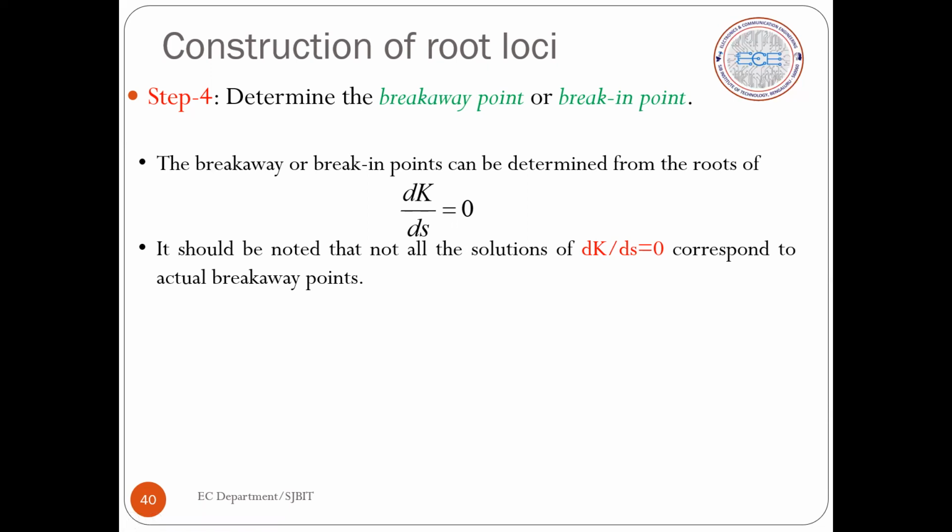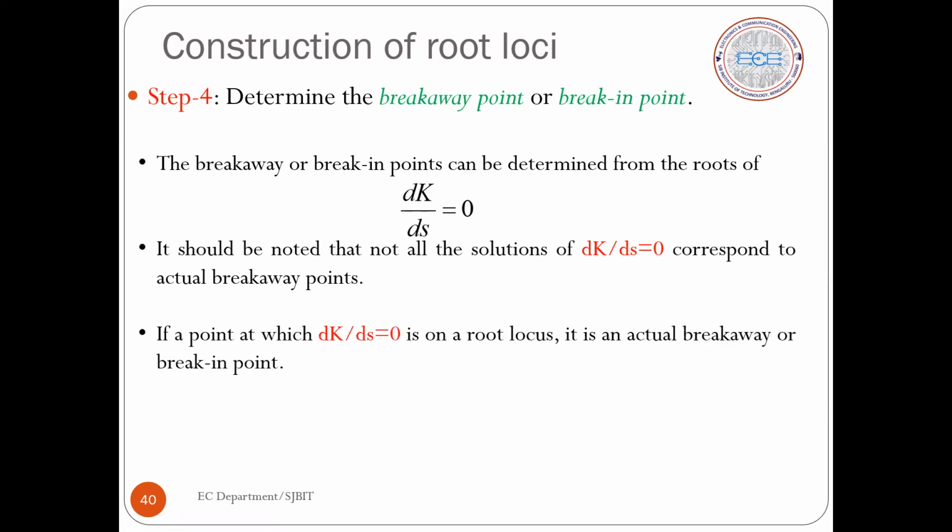You can apply the angle condition, very simple. Or if a root locus already exists in that section, then it is a valid breakaway point, otherwise no. There are several techniques to declare whether it is valid or invalid; we will see that later.